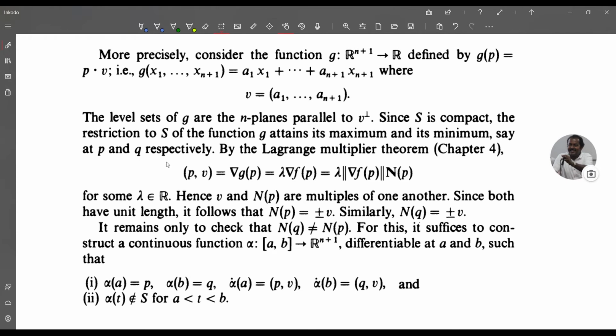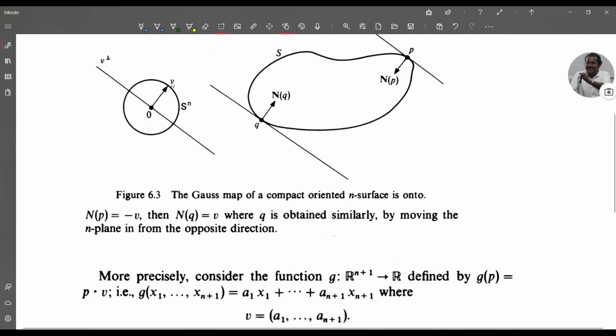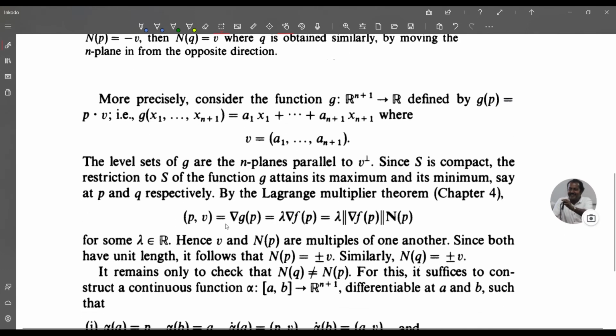So p and q are the maximum and minimum of g restricted to S. By the Lagrange multiplier theorem, you know that v, which is del g of p, is equal to lambda times del f of p, which is equal to lambda times the norm of del f of p times N of p, for some lambda belonging to R.